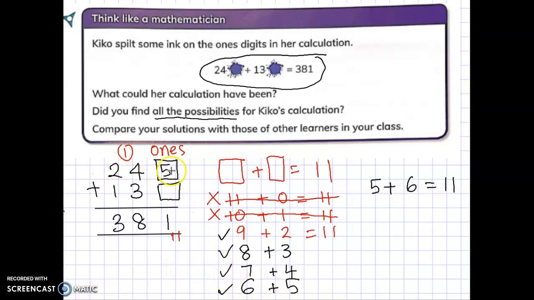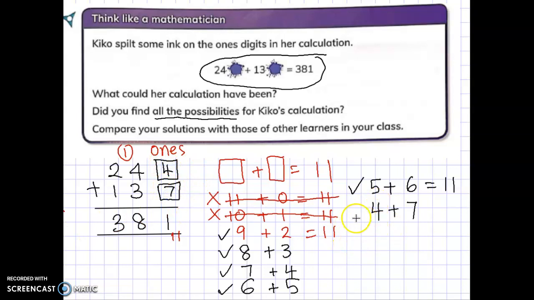Just now when I put 6 here, I got 246. Now when I put the 5 here, I get 245. So this is also another option. Let's continue. After 5, the pattern decreases and it becomes 4. 4 plus 7 gives you 11. So this should also fit here.